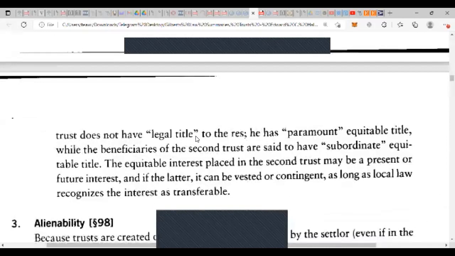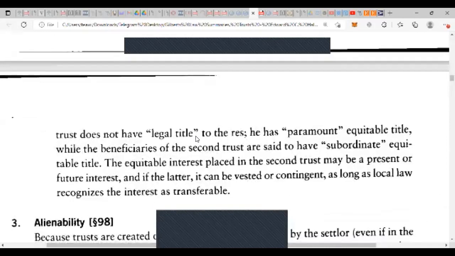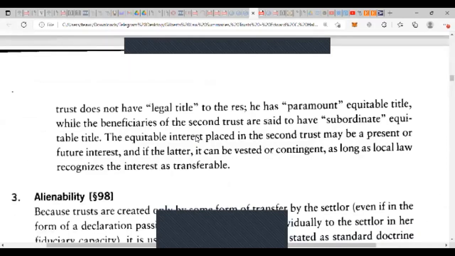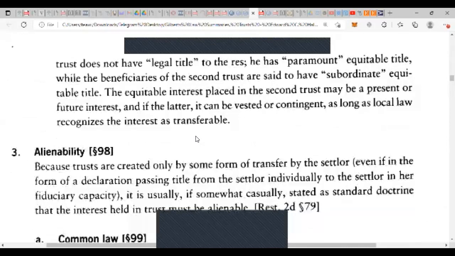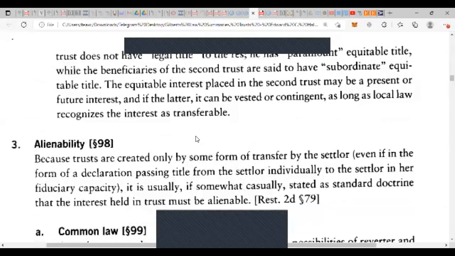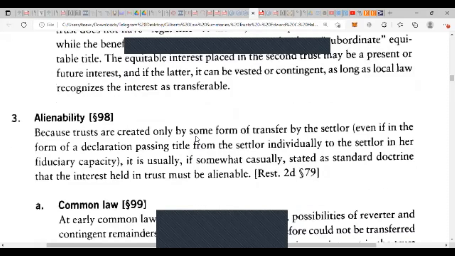He has paramount equitable title, while the beneficiaries of the second trust are said to have subordinate equitable title. The equitable interest placed in the second trust may be a present or future trust, and if the latter, it can be vested or contingent as long as the local law recognizes the interest as transferable.